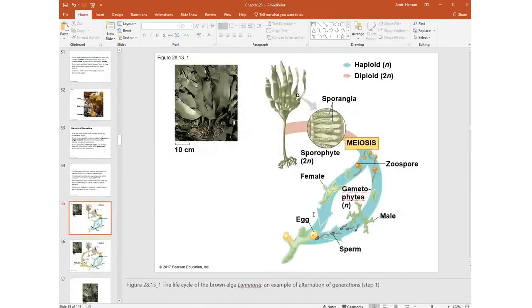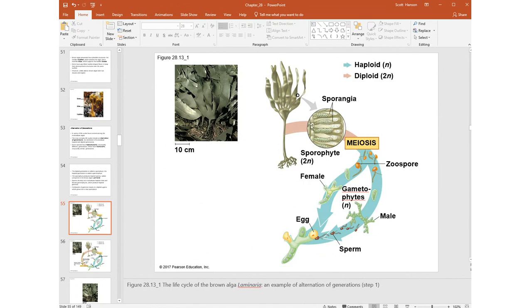And let's look at the cycle in a diagram. So here's a nice sporophyte that's diploid, so they call it 2N, and it has structures in it called sporangia that produce the spores. And so the spores are produced on the blades.